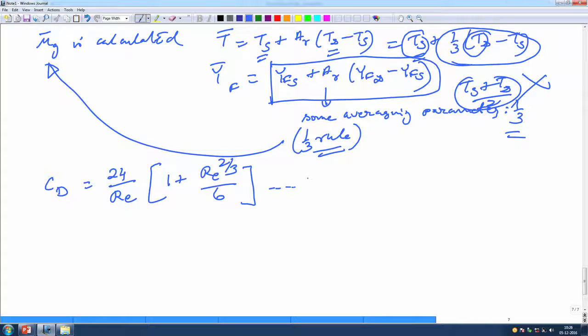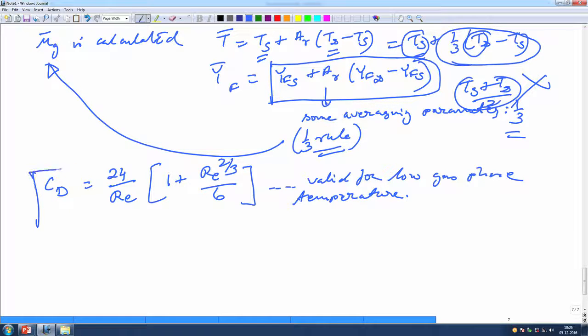This is however valid for low gas phase temperature, not for high temperature systems, like for example plasmas or flames, okay, where the droplet can be in a very hot flow. So it depends on the Reynolds number in this particular way. Now, many of these things are empirical, many of them are devised through experimental studies, okay, and that is how these numbers have come into the picture.